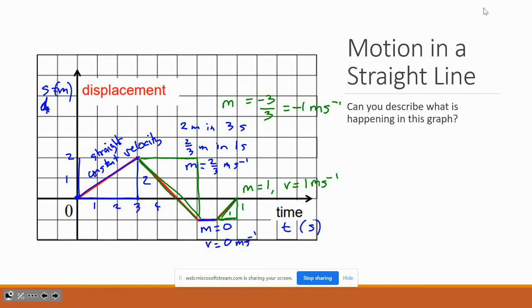Now all of this is considering the fact that this is a positive direction. And our displacement here is one-dimensional. It's either forwards or backwards. There's not 2 dimensions to our motion. It's just a one-dimensional motion, either going towards an endpoint or going away from our home position or back to our home position.